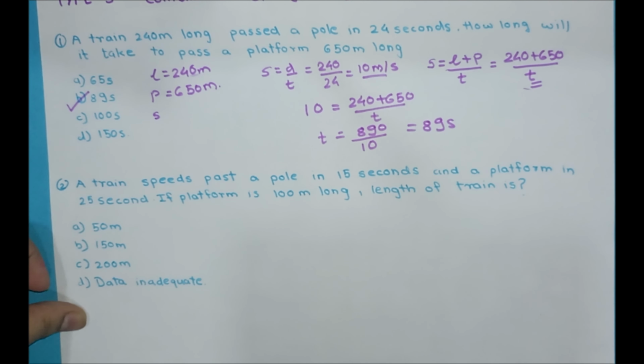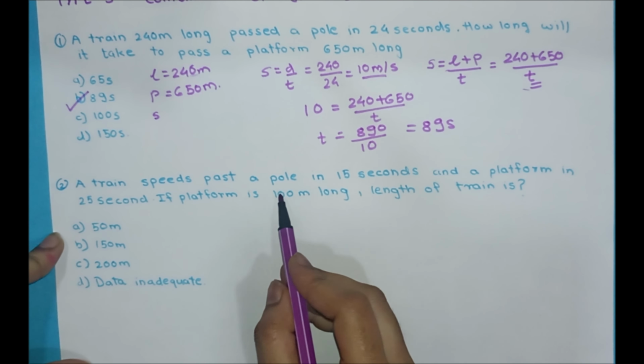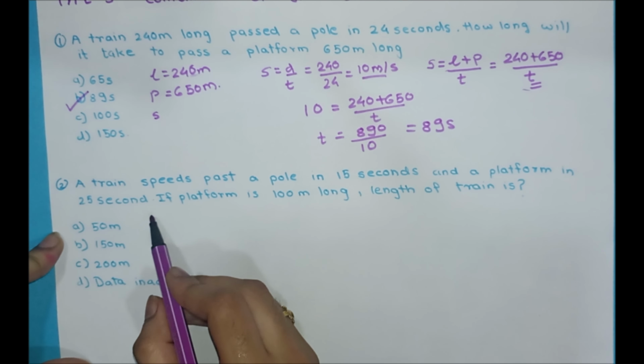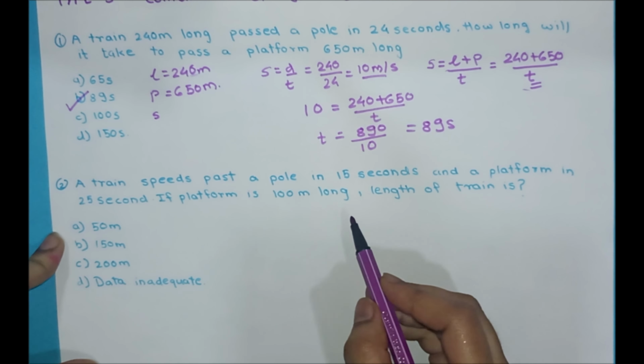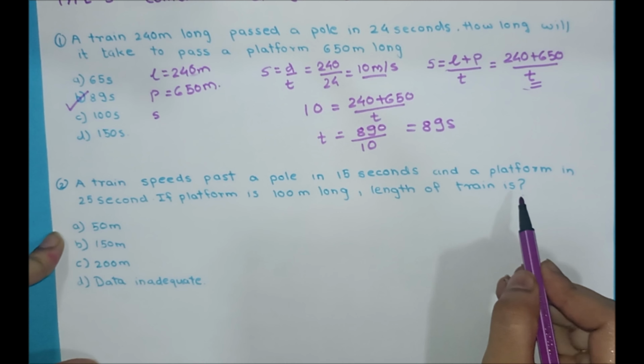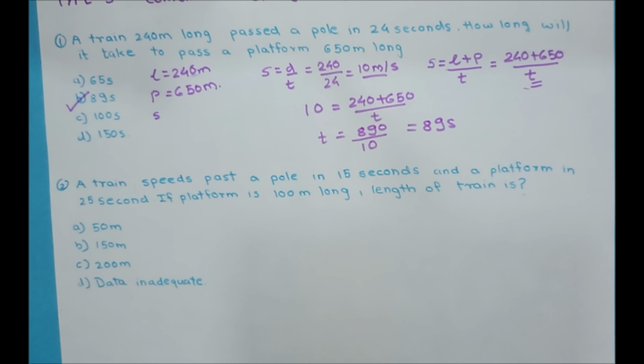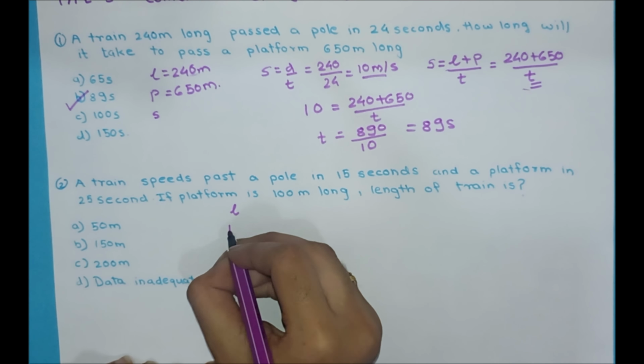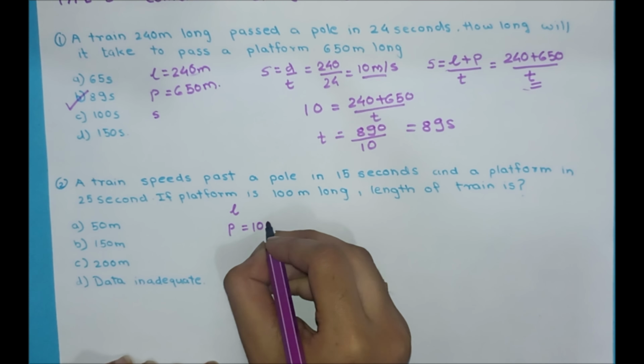Let's look at another example. A train passed a pole in 15 seconds and a platform in 25 seconds. If the platform is 100 meter long, then the length of the train is. Now in this case, we don't know the length of the train, so let it be L. The platform's length is given as 100 meter.